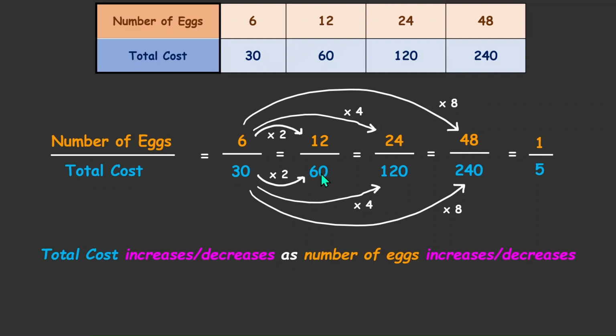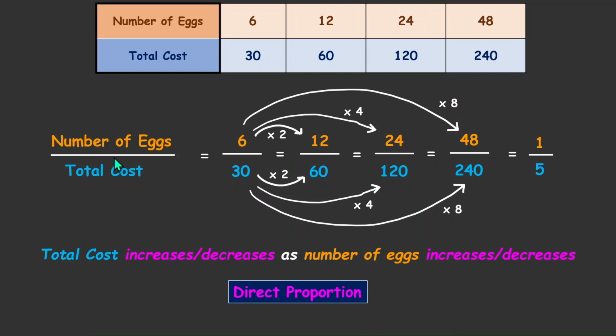So the total cost would also have halved. This is a special kind of proportion in which the total cost is directly dependent on the number of eggs. So we call this direct proportion.